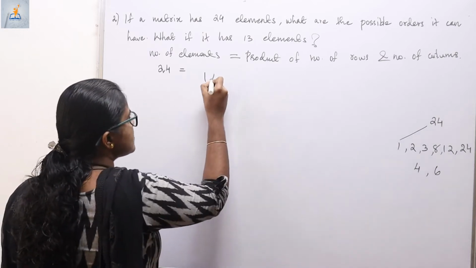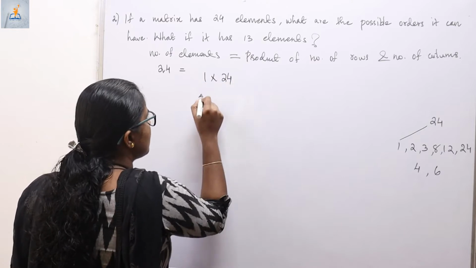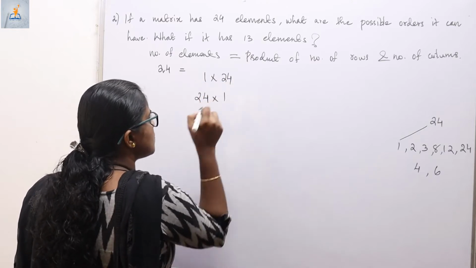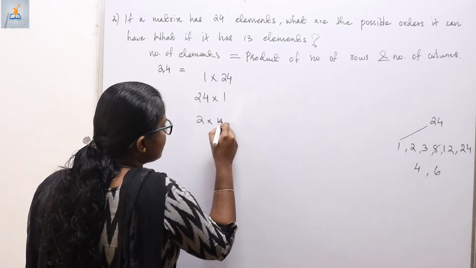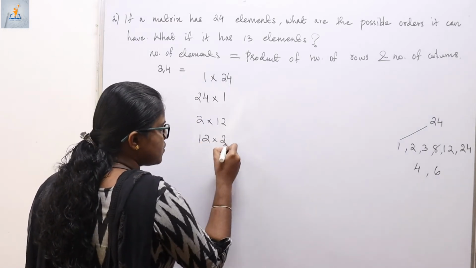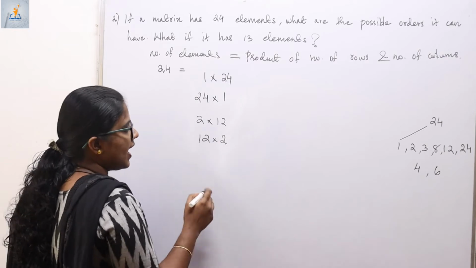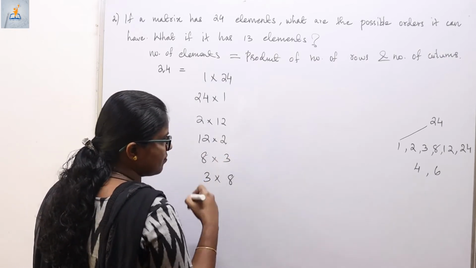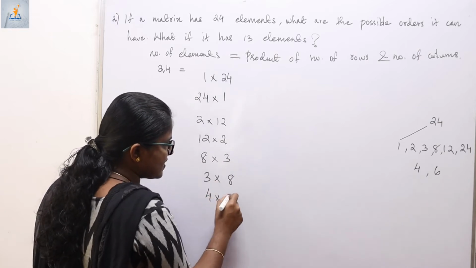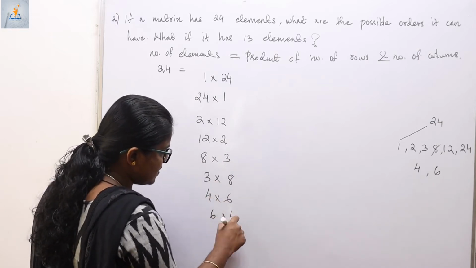And we know that 1 times 24 is 24, also 24 times 1 is 24, again 2 times 12 and 12 times 2 is also 24, again we have 8 times 3 and 3 times 8 is 24. Again 4 times 6 and 6 times 4 is 24.